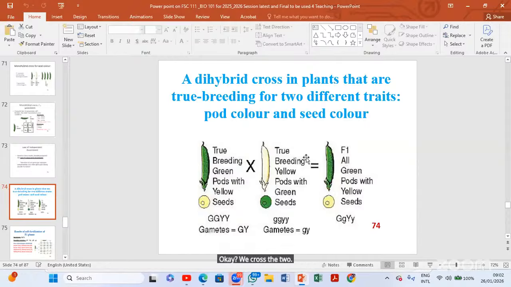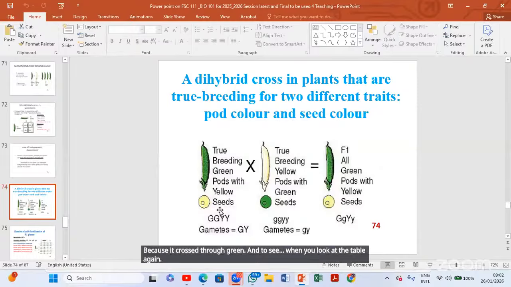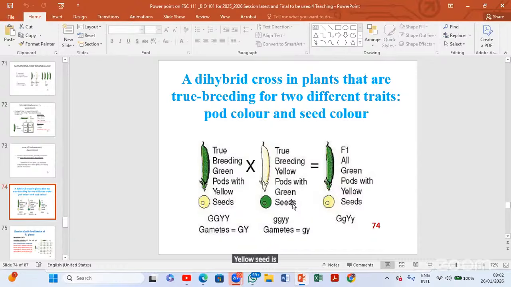And at F1, when you look at the table again, yellow seed is dominant over green seed. Don't be confused. Once again, green pod is dominant over yellow pod. But when you come to the seed inside, yellow seed is dominant over green seed.